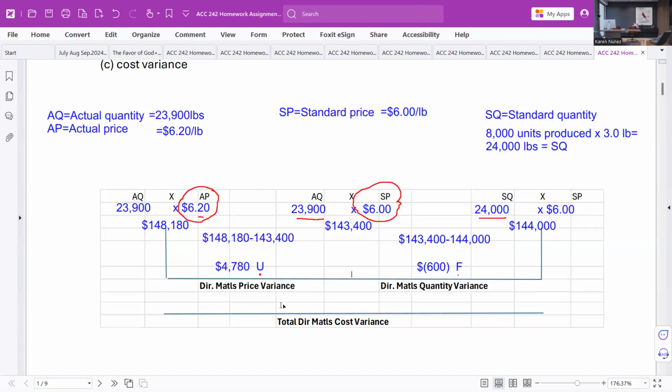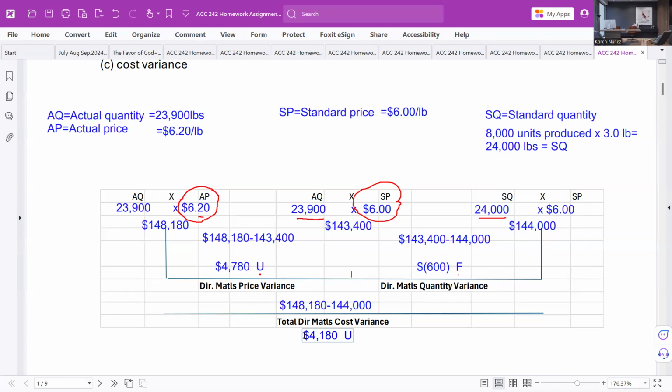So when we take the 148,180 minus the 144,000, the numbers on the two ends, right? This number, 148,180 minus this number, 144,000, it gives us a direct materials cost variance, which is 4,180. And what is it? It is unfavorable. Why?